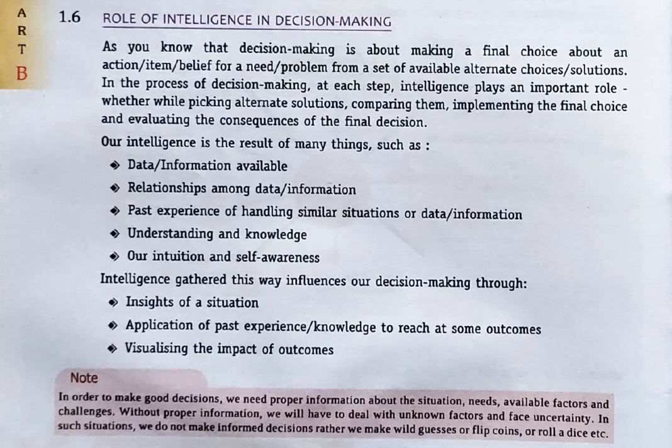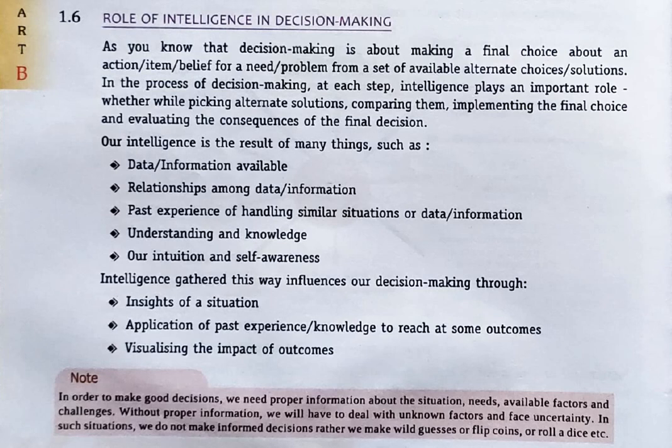Okay, so in order to make a good decision, we need proper information about the situation, available factors, the challenges, and then we select the final one. And for this, we must apply intelligence. Okay, so for this we require the data that is available with us.